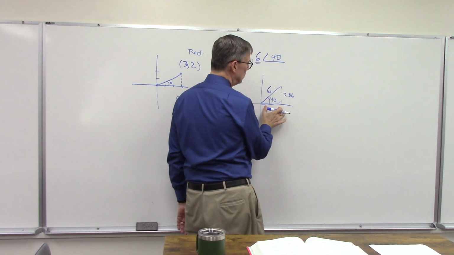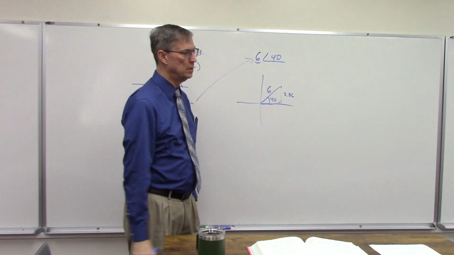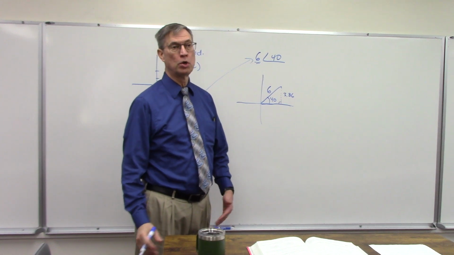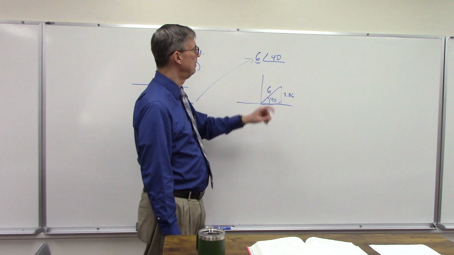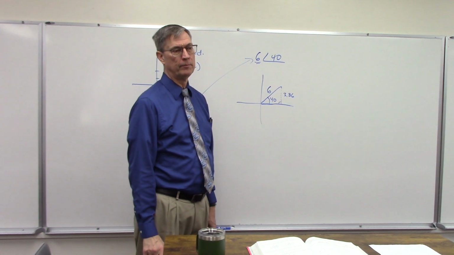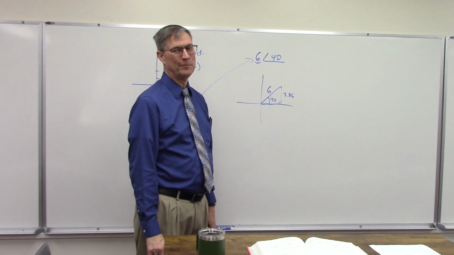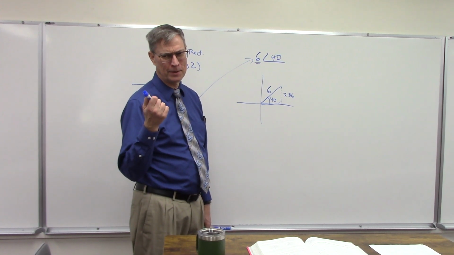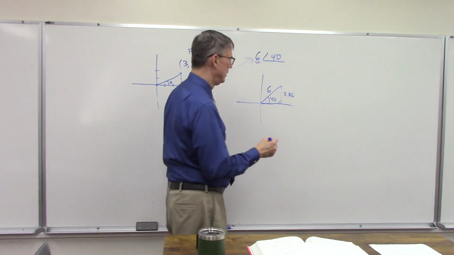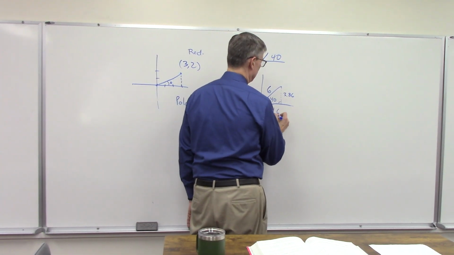Okay, now let's do the adjacent side. So adjacent is cosine. So we'll do the cosine of 40 times the hypotenuse. 6 or 60. Is that what you got?